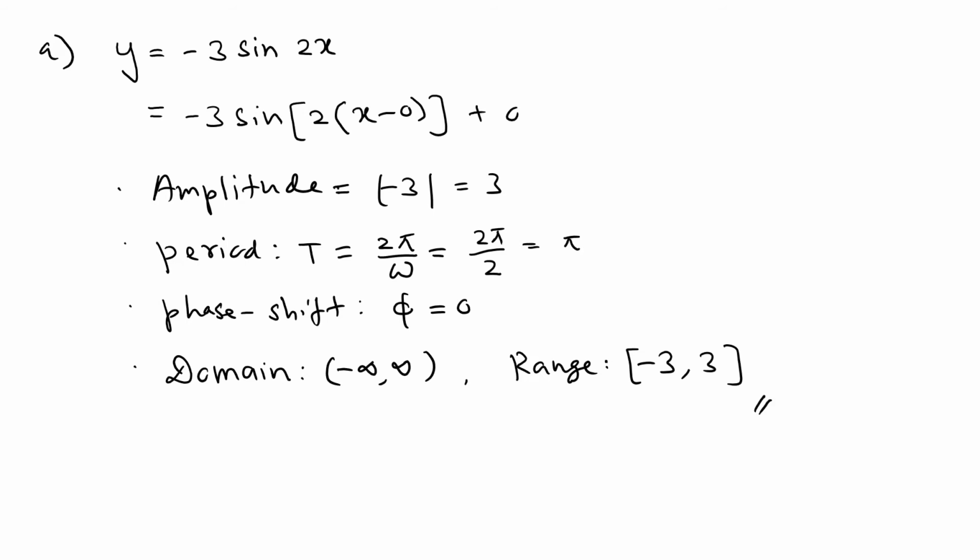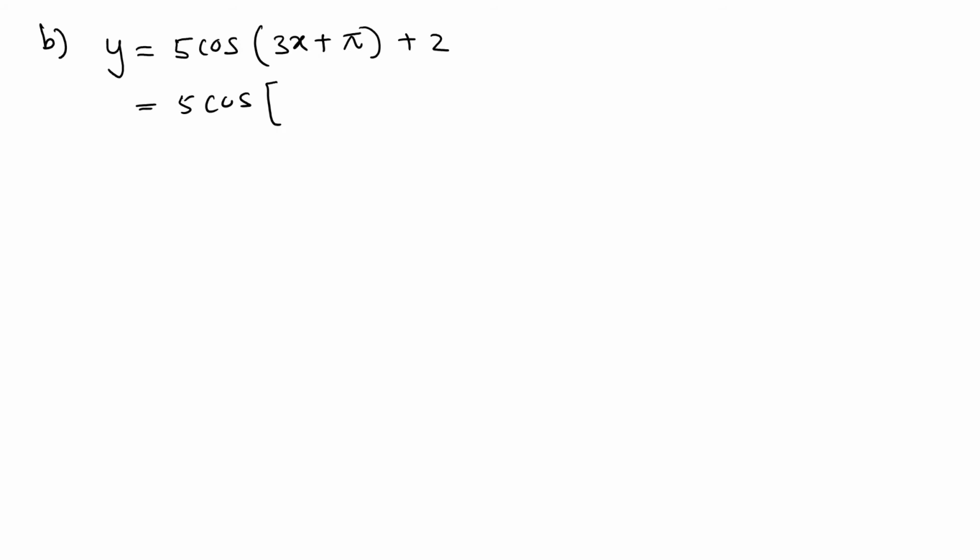So let's look at the next one. We have y equals 5 cosine (3x plus pi) plus 2. We can write this in standard form. So it is 5 cosine. We're going to pull 3 out first, that's the constant, so we take it out. So it is x plus pi over 3, plus 2.